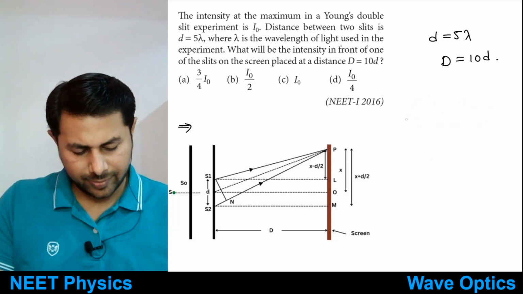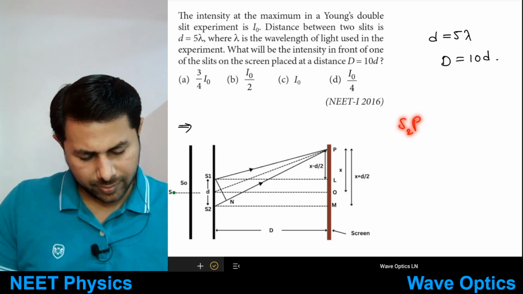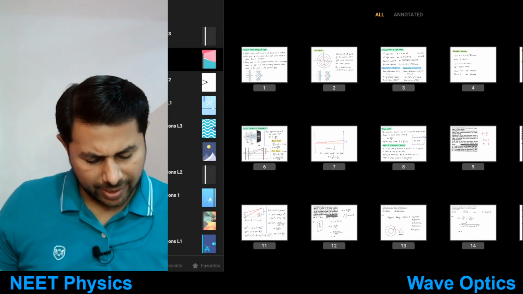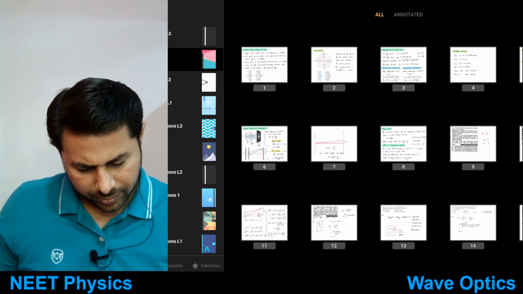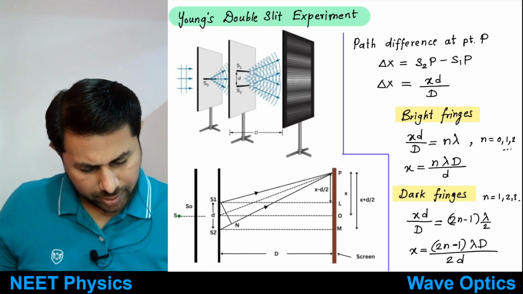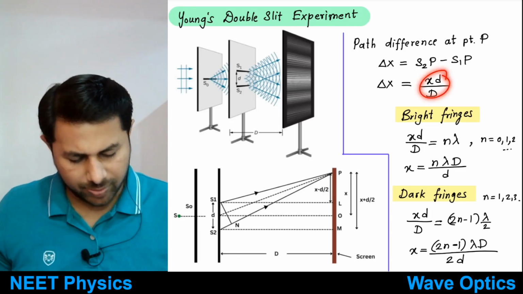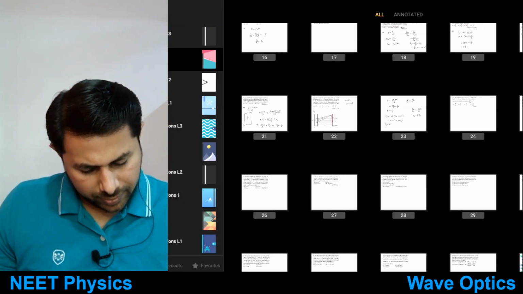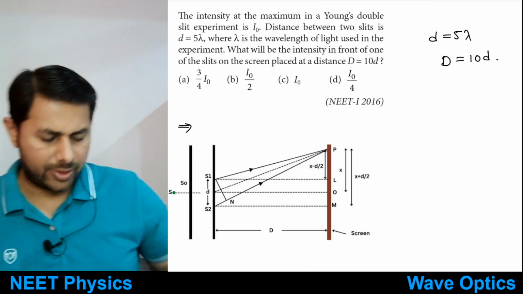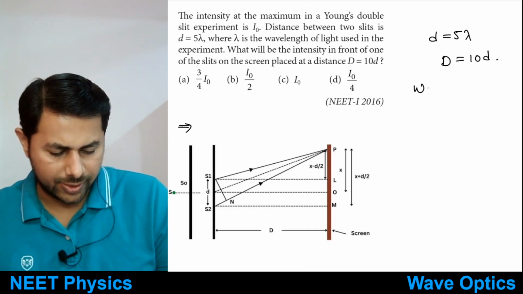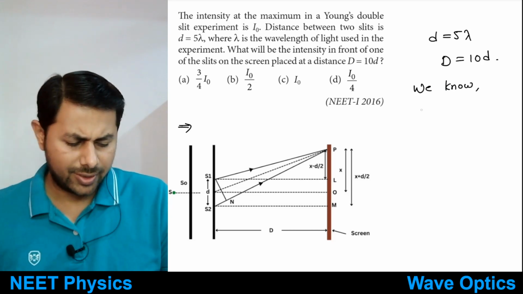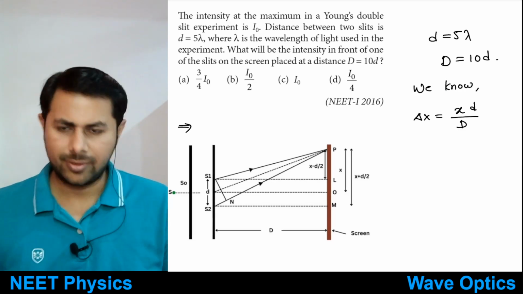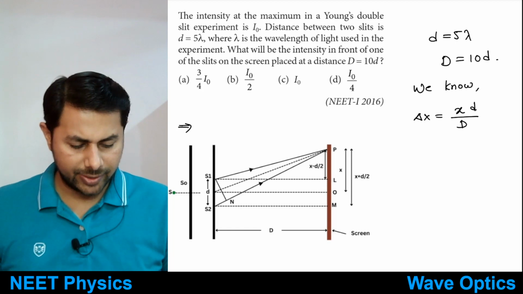What was that? x small d by capital D, no? That's the formula. S2P minus S1P, yes, x times small d by capital D. All right, so we know that delta x is equal to x times small d by capital D, S2P minus S1P, the path difference.